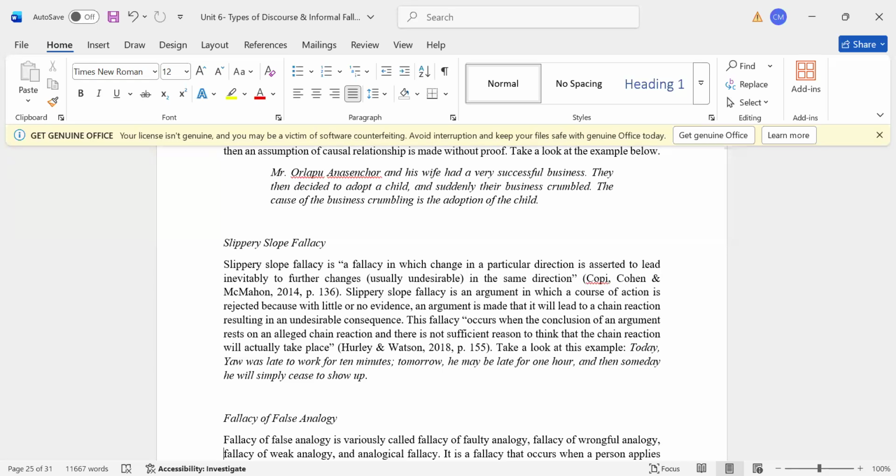That's a fact. Then you jump into assumptions of what will be the case in the future. Then you conclude that tomorrow he may be late for 1 hour. What's your evidence? The evidence that he's late for 10 minutes does not necessarily warrant you to draw the conclusion that he may be late for 1 hour tomorrow. And then you continue to say that one day he will stop coming to work completely.